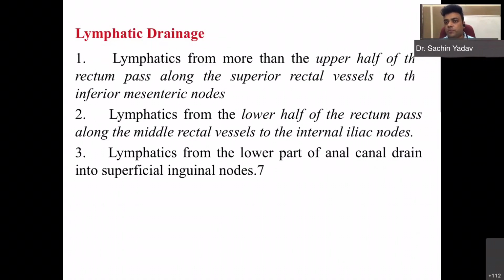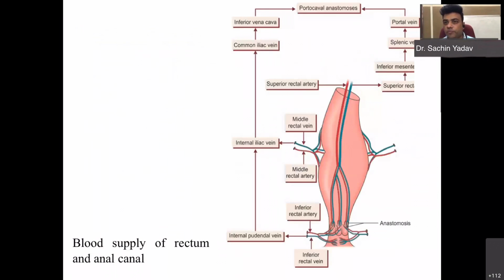The upper part is carried along the vessels toward the inferior mesenteric artery, therefore the inferior mesenteric nodes, and the lower half gets its blood supply from the internal iliac artery, therefore the lymph nodes are in the internal iliac group. And the lower part of the anal canal drains into the superficial inguinal nodes. We'll see that later on in the anal canal.